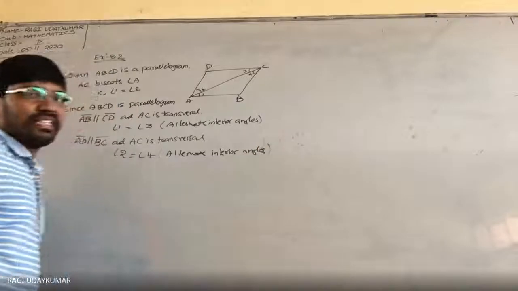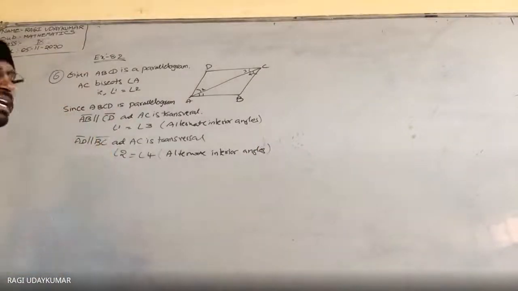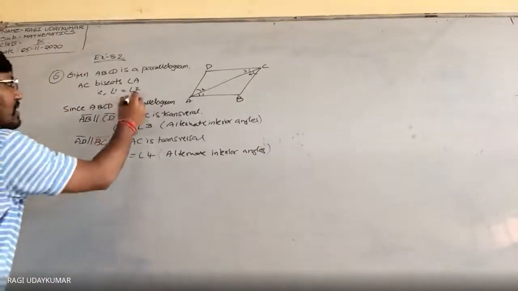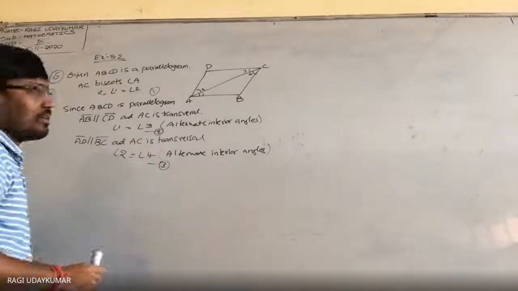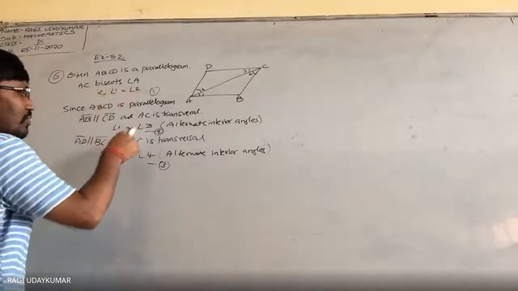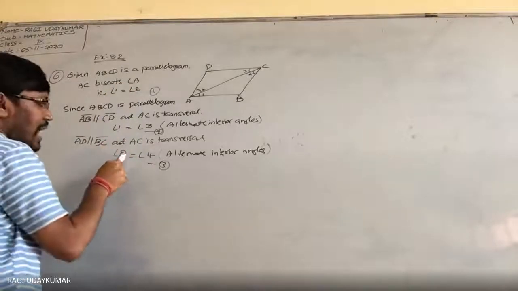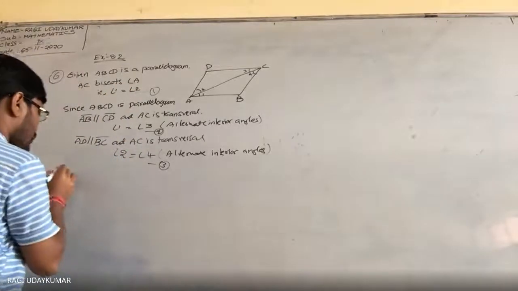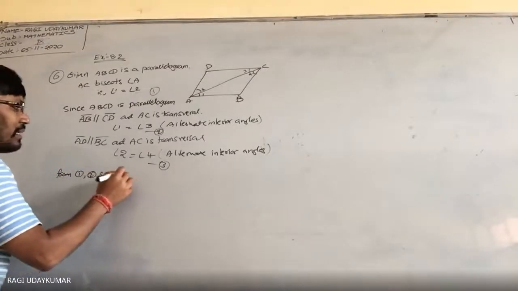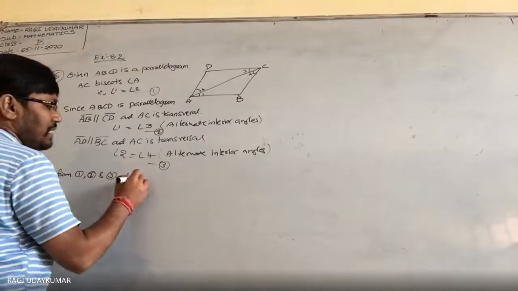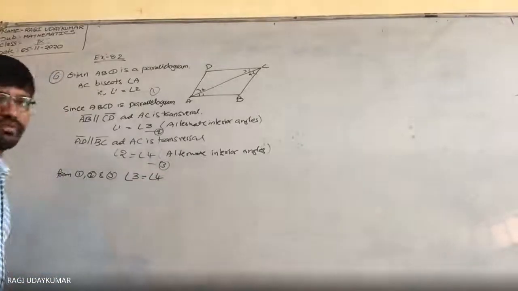So now what you can say here, as 1 equals 2. This is 1, this is 2, this is 3. 1 equals 2 is given, so angle 1 equals angle 3, angle 2 equals angle 4. So therefore from 1, 2 and 3, angle 3 is equal to angle 4.